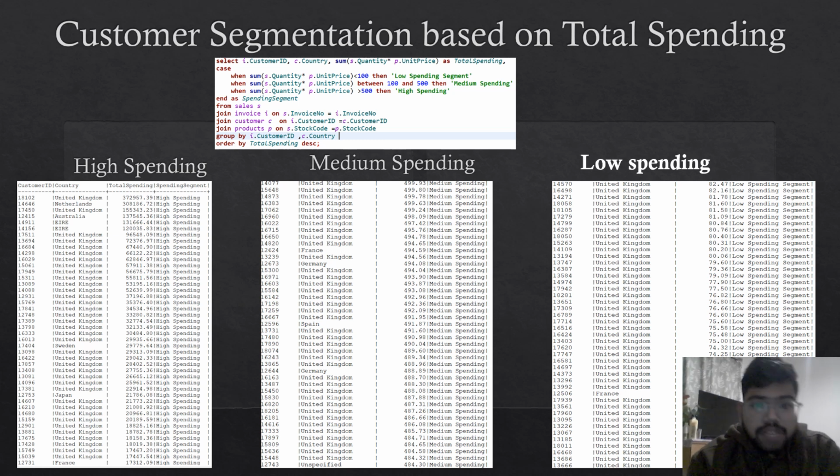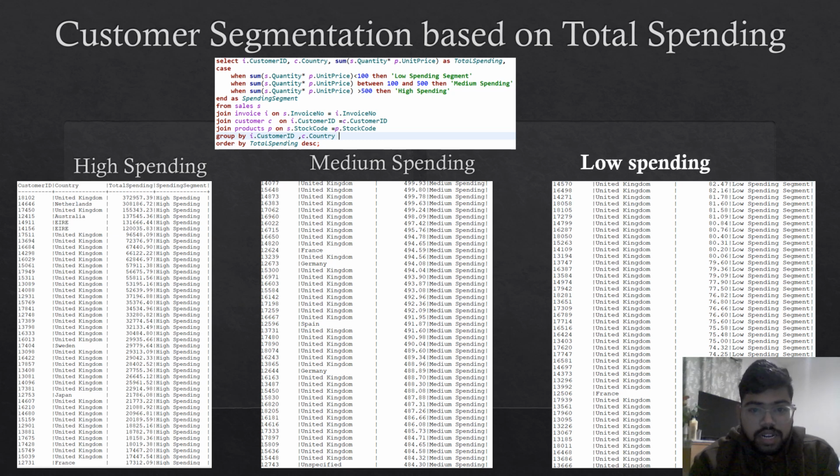So here you can see we are getting customer ID and country, and the amount he has been spending each time, and based on this we are summing each. And from the sales table you can see we have joined the invoice table and sales table using the invoice number. After joining them, we have grouped them by customer ID and country.